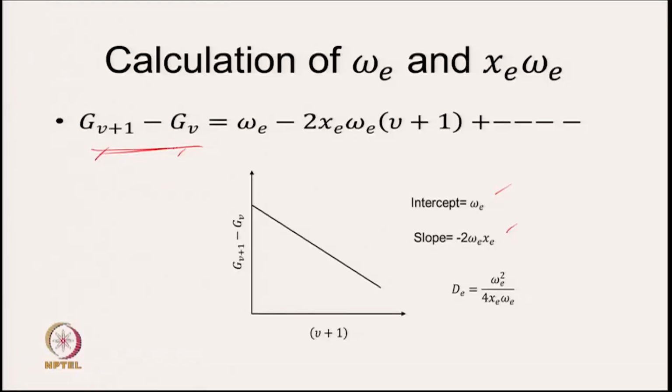If you plot this versus V plus 1, your intercept will be omega_e and the slope will be minus 2 x_e omega_e. That can be used to calculate D_e, which is the dissociation energy, and the equation for this is given here. In the next slide we will discuss how we can obtain this relation.